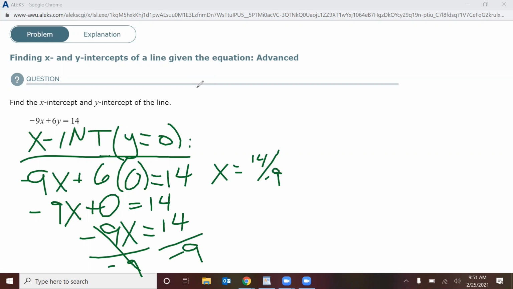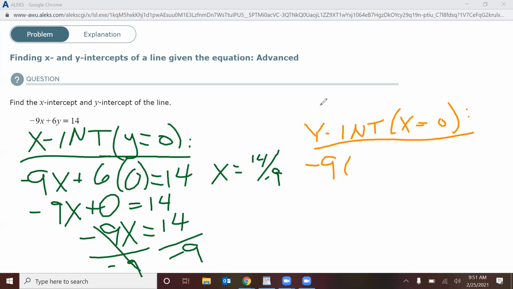And our x-intercept is -14/9. What about the y-intercept? Y-intercepts are found on the y-axis where x is 0. So I will replace x with 0 and solve for y.